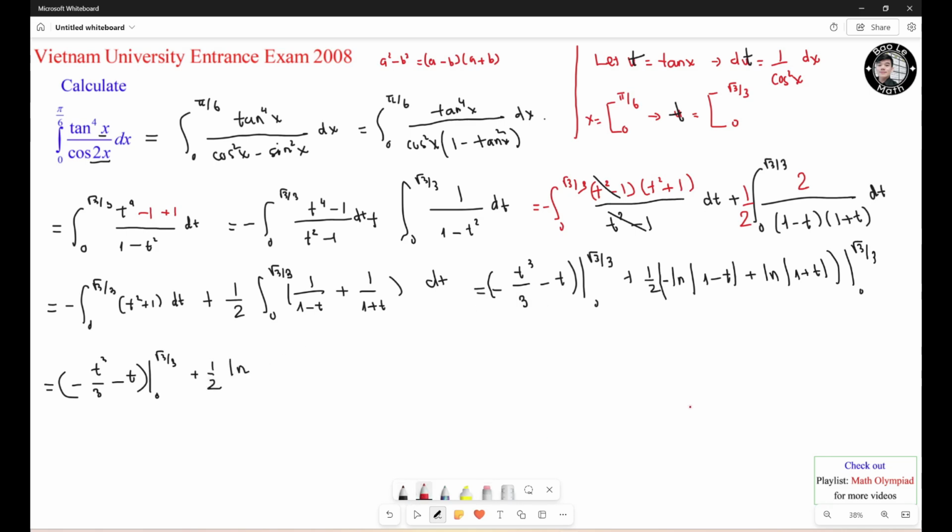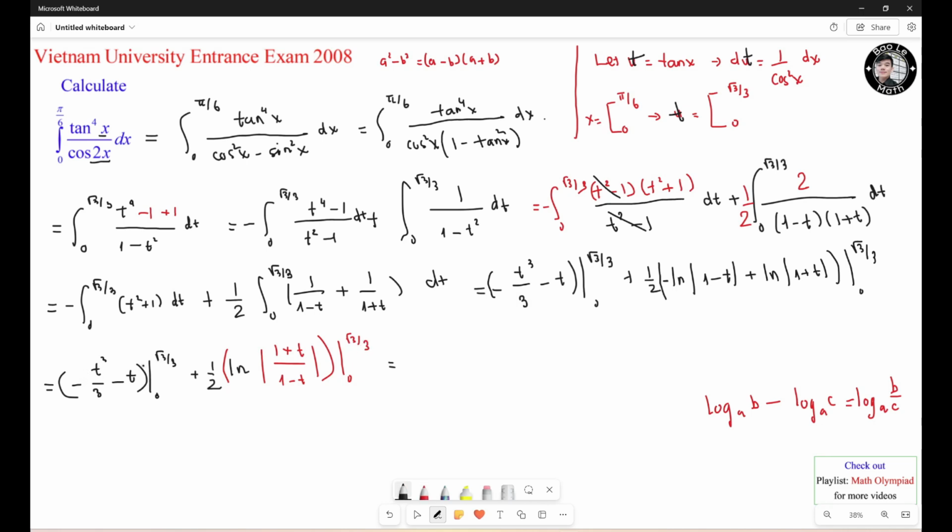I have the formula logarithm base a of b minus logarithm base a of c equals logarithm base a of b over c. Alright, so it's going to be natural log of absolute value of 1 plus t over 1 minus t. And then you need to evaluate this one from 0 to root 3 over 3.